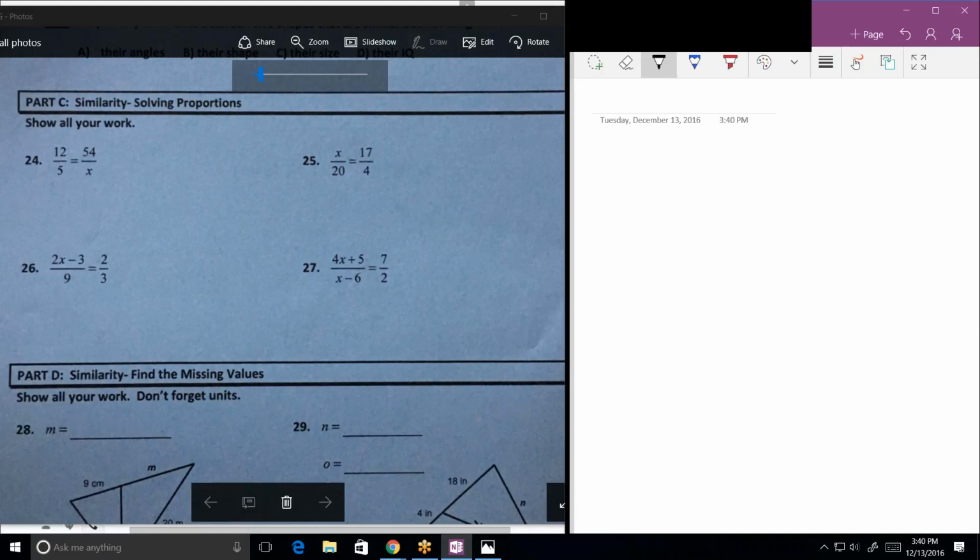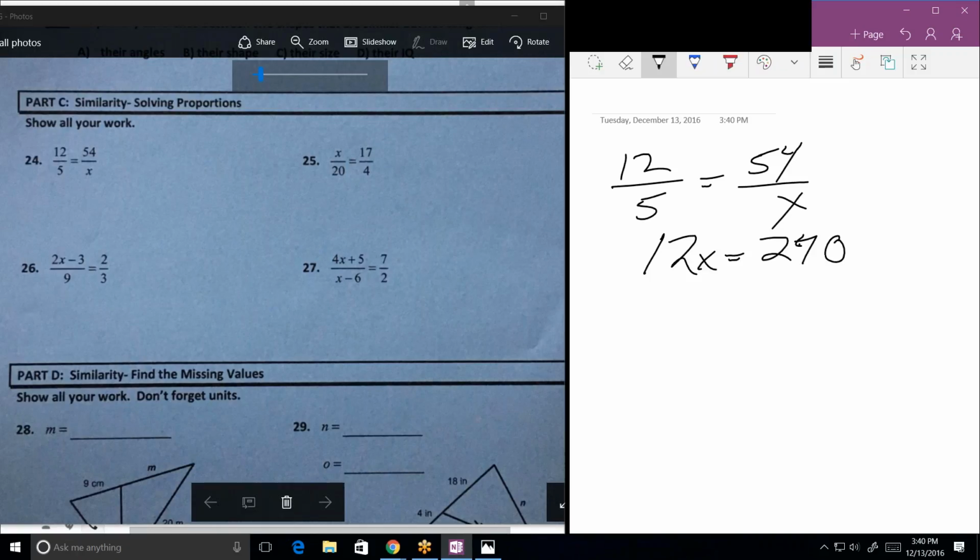All right. So solve this. Tell me every step. You would cross multiply. What do you get? 12x equals 34 times 5, which is 270.